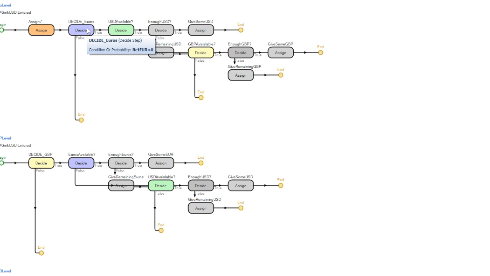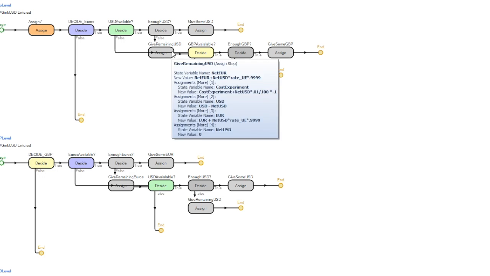If it does need to be replenished, first it checks the other currencies to determine if there is available currency to be transferred. If there is available currency, they then decide if it's sufficient to settle the entire need of the original currency, or if they need to go back to the other currency.